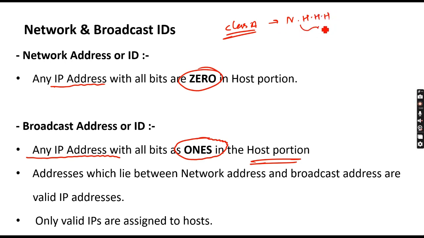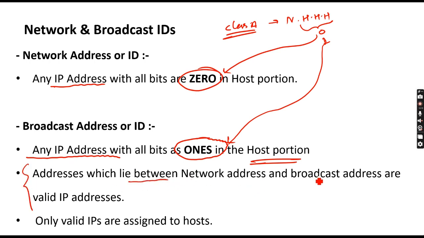If all bits are zeros here, that will be considered as the network ID. If all bits are 1 here in the host portion, it is the broadcast. And always remember, the IP addresses between the network address and broadcast address are valid IP addresses. Only valid IP addresses can be assigned to the PCs, computers or networking devices. You cannot assign network ID and broadcast IDs to the devices.